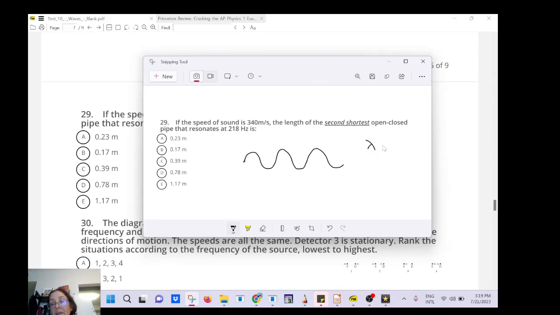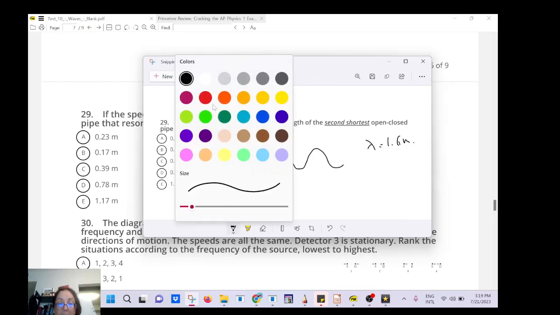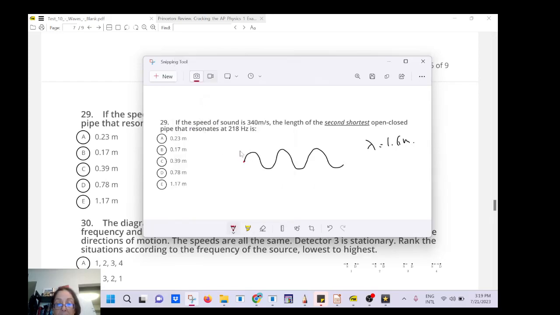And the wavelength is, what did we say before, 1.6 meters. So the second pipe, that's your pipe, it's closed here. So that will be the fundamental. We don't want that. We want this, because now it's an anti-node, okay?